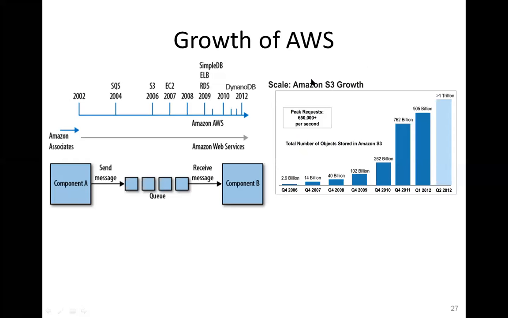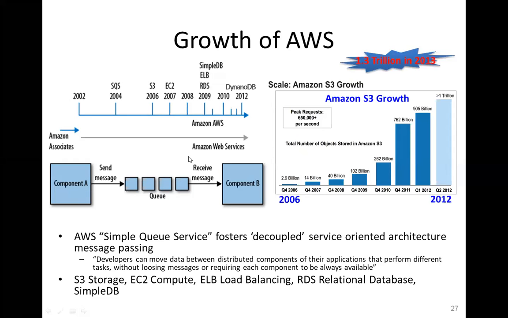So if component A wants to send component B some message, that can be sent through Amazon Web Services, and that can be shown here in the diagram. AWS Simple Queue Service fostered a decoupled service oriented architecture of message passing.